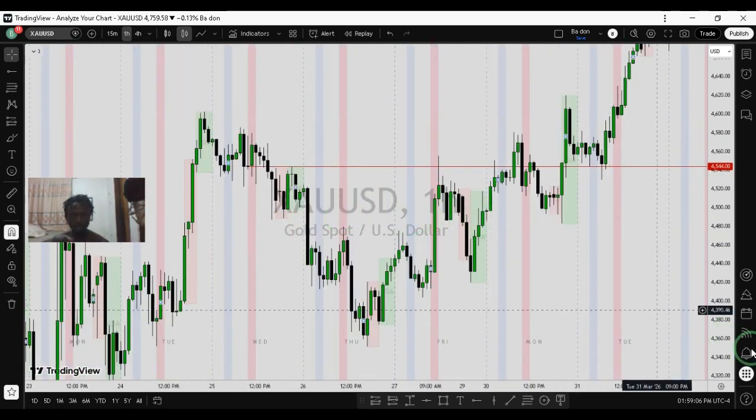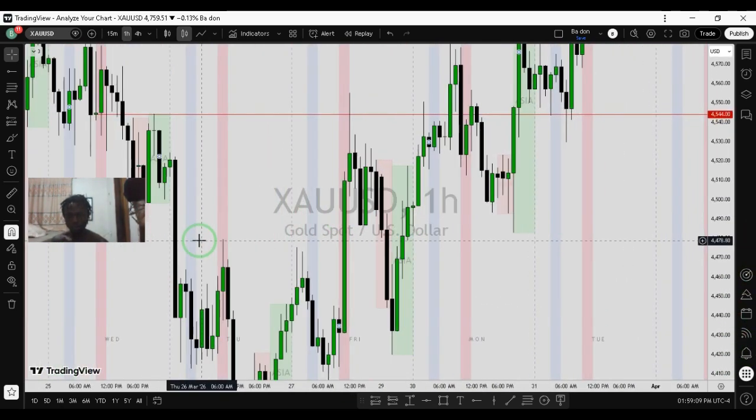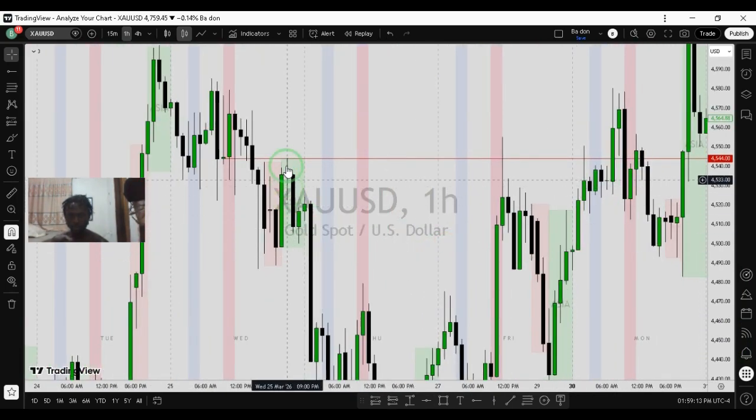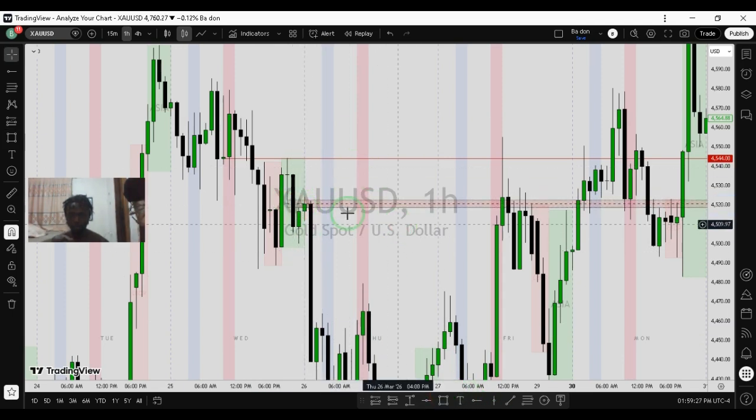So right here, we had injection, we had a rejection, but we did not have a valid order block, but we had a fair value gap. But since there is no order block, we are not using it.